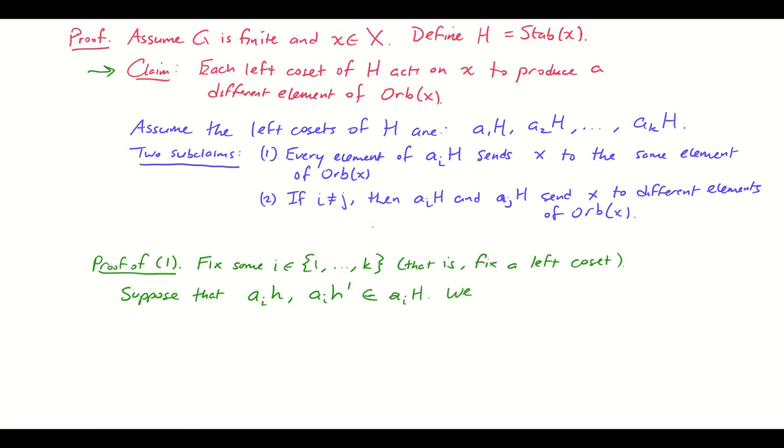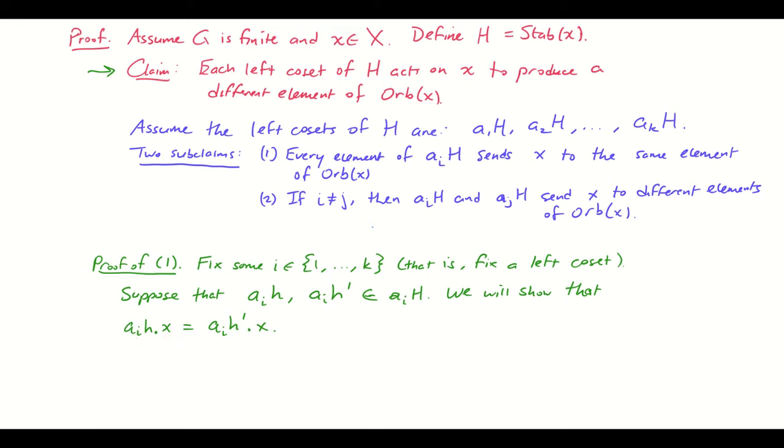We will show that a_i h dot x is the same as a_i h' dot x. That will show that any two different elements of this coset are going to map x to the same thing, because the results of these actions are equal.